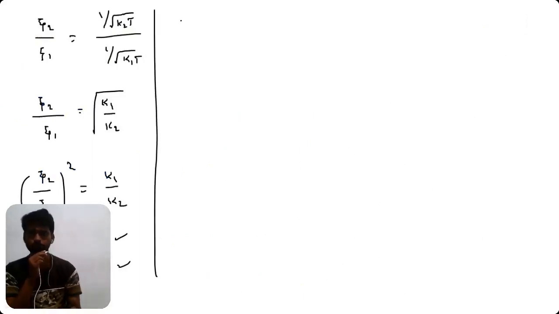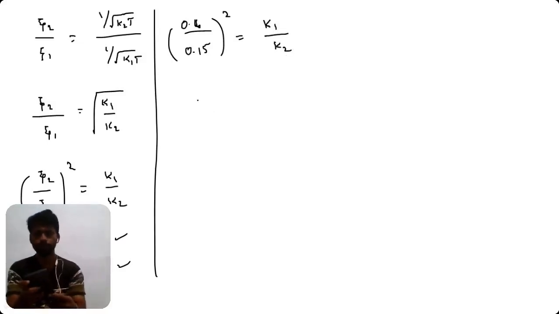Here zeta 2 value is 0.6 and zeta 1 value is 0.15. So substituting these values, 0.6 by 0.15 whole square equals K1 by K2. This value is 16, so 16 equals K1 by K2.